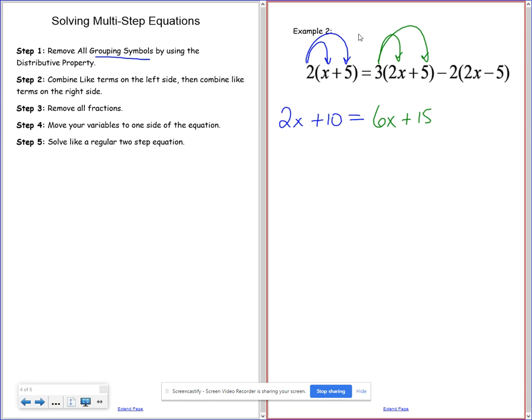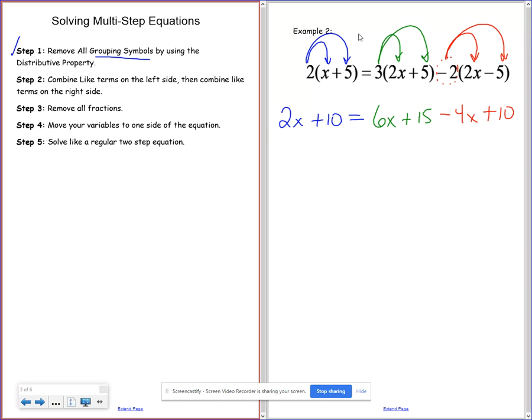And then we have negative 2 times 2x would be negative 4x. Negative 2 times this negative 5 becomes a positive 10. So we did step 1.